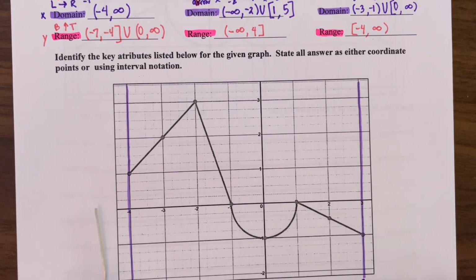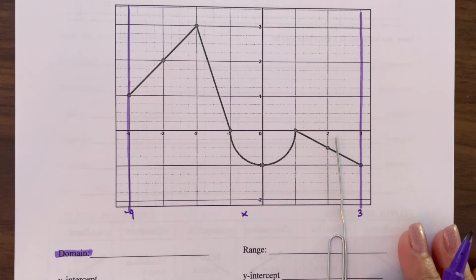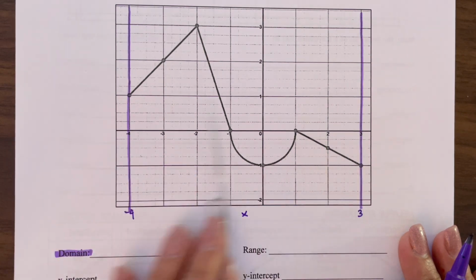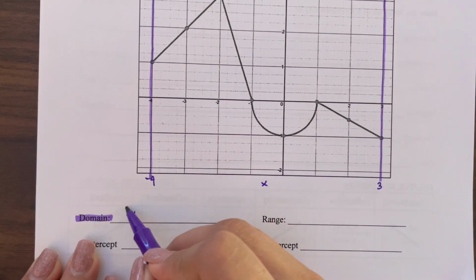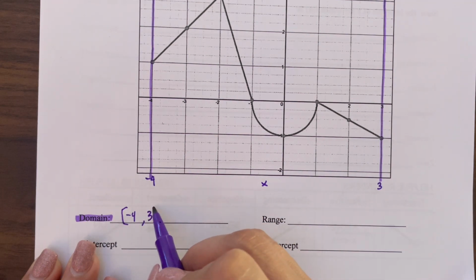So somewhere between the -4 and the 3 is your image. So I'm going to write down -4, that was a closed circle, comma, and 3, and that was also a closed circle.